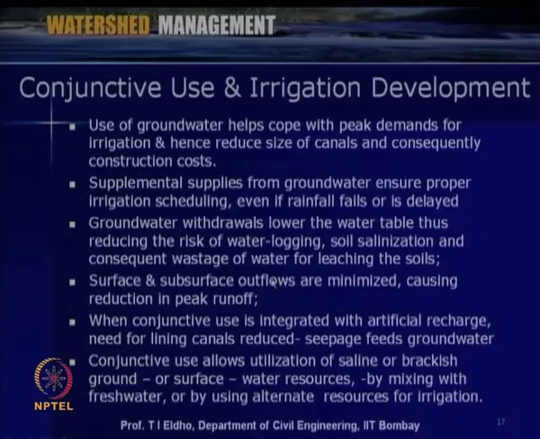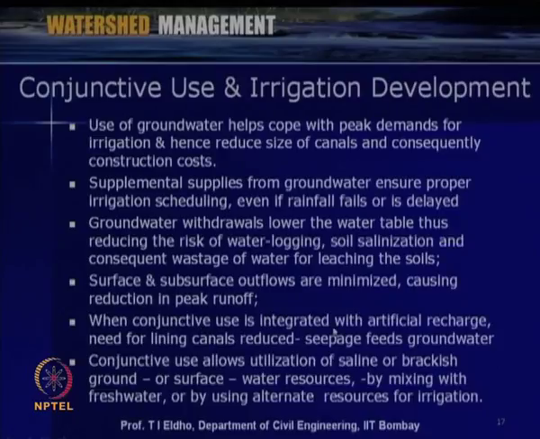Then surface and subsurface outflows are minimized, causing a reduction in peak runoff. So we can reduce the peak flow as far as surface flow is concerned, so that flooding problems can be reduced. Like that, we can improve the total water utilization.